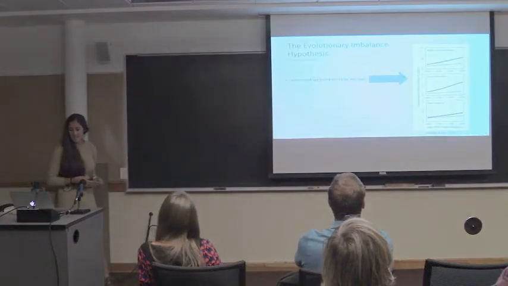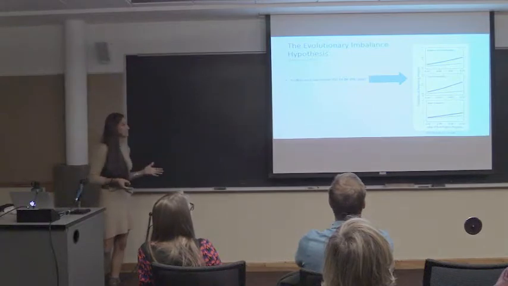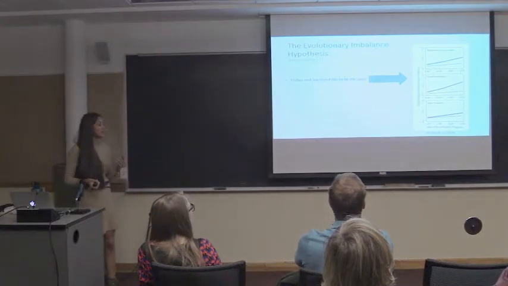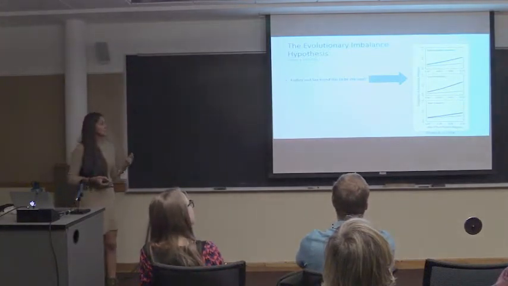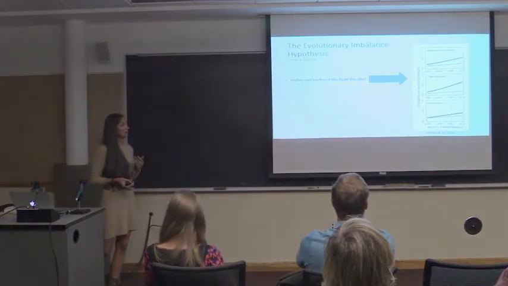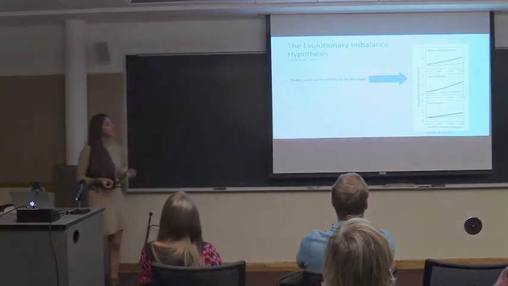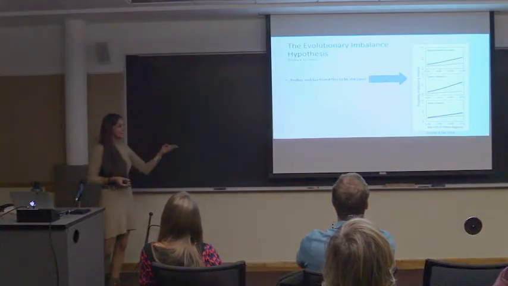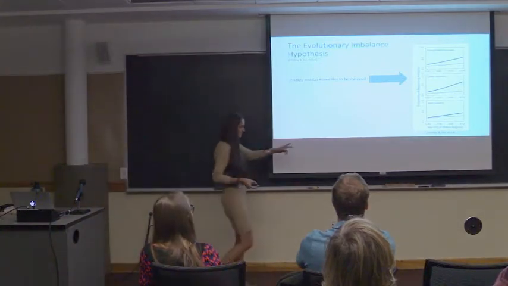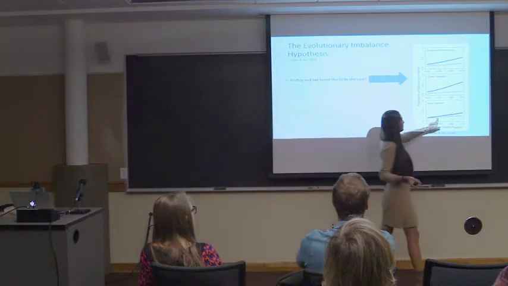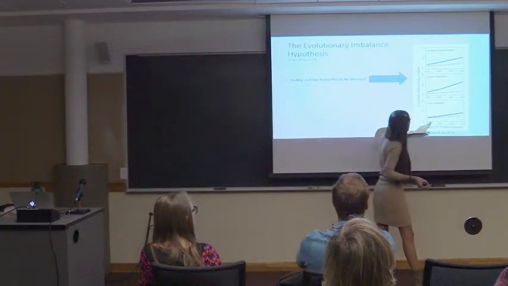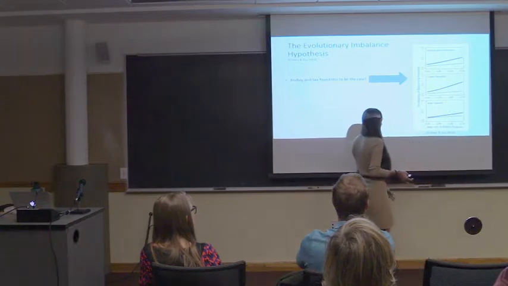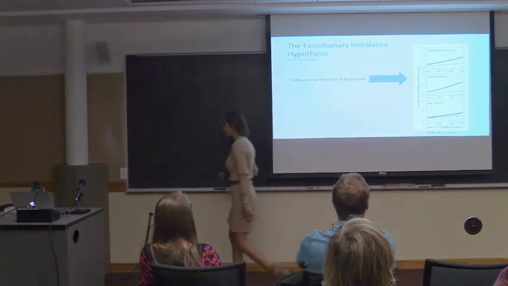And Fridley and Sachs in their study found this to be the case. So they found that species were more likely to become invasive as the max PD, or as their PD increased. And the black lines represent species that were naturalized, and the gray line represents species that were introduced.